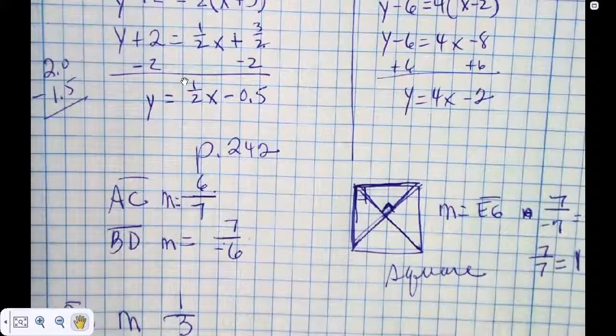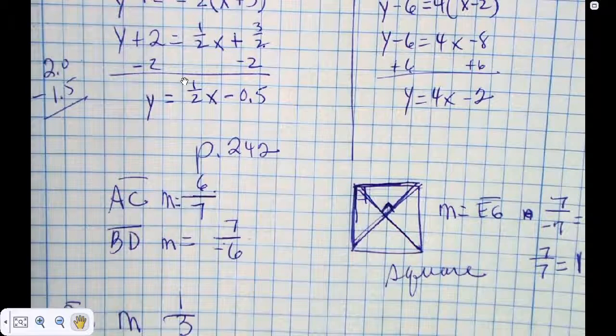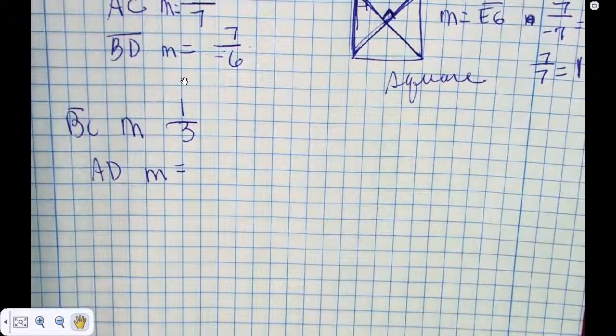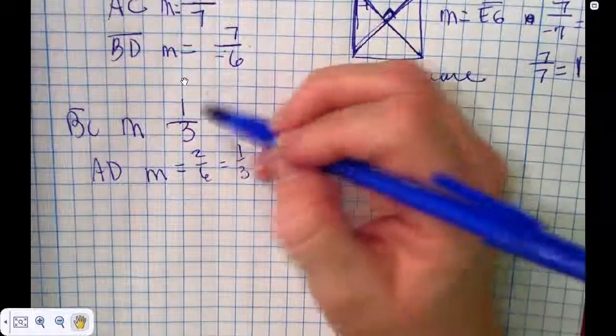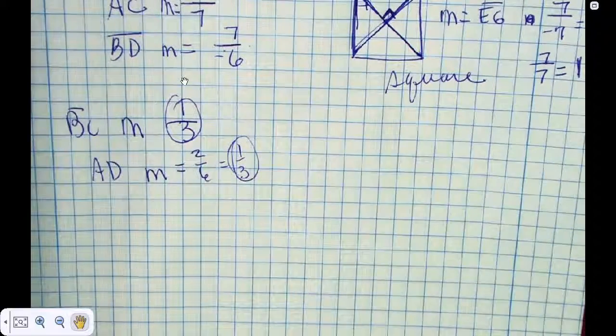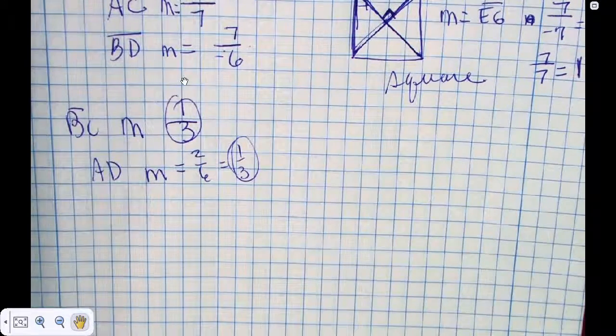Just look at AD in your book. So you're going to go over 6, up 2, right? Which reduces to 1/3. If they're parallel, they're going to have the same slope. So those do. So that is a trapezoid. Does that make sense?